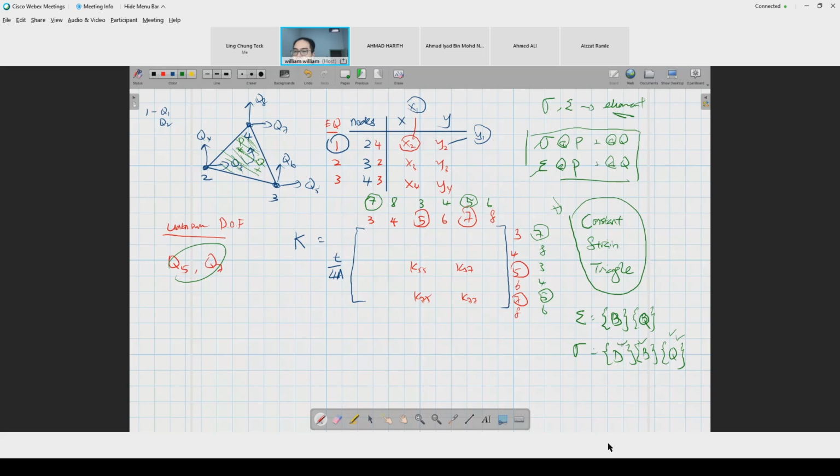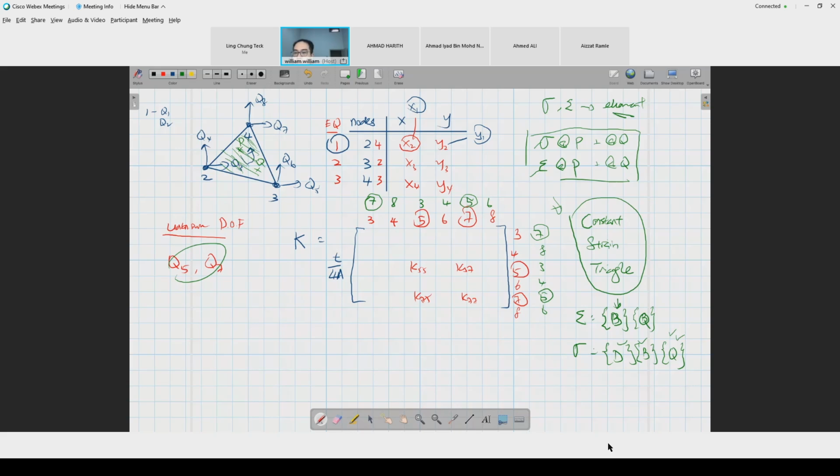So D and B are given in the formula sheet, the resultant of matrix D times matrix B. B is also given as a standalone in the formula sheet. So by calculating the stress and strain, you calculate for the element. Usually we won't ask you at a specific point; we'll put a point in the middle here, then ask you to calculate. To calculate that, you calculate for the whole element.